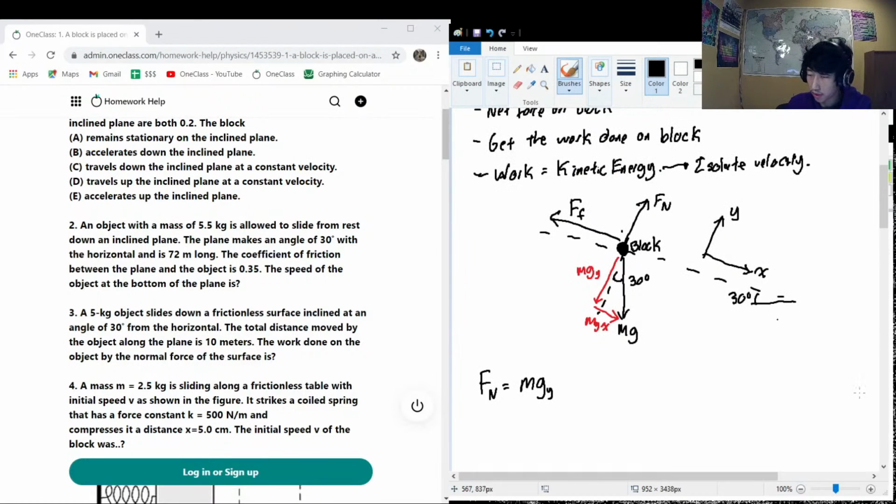Okay, so when we look at this, you can see it's a right angle triangle situation, and the y component is associated with cos 30. You see that? So we could write this as mg cos 30.